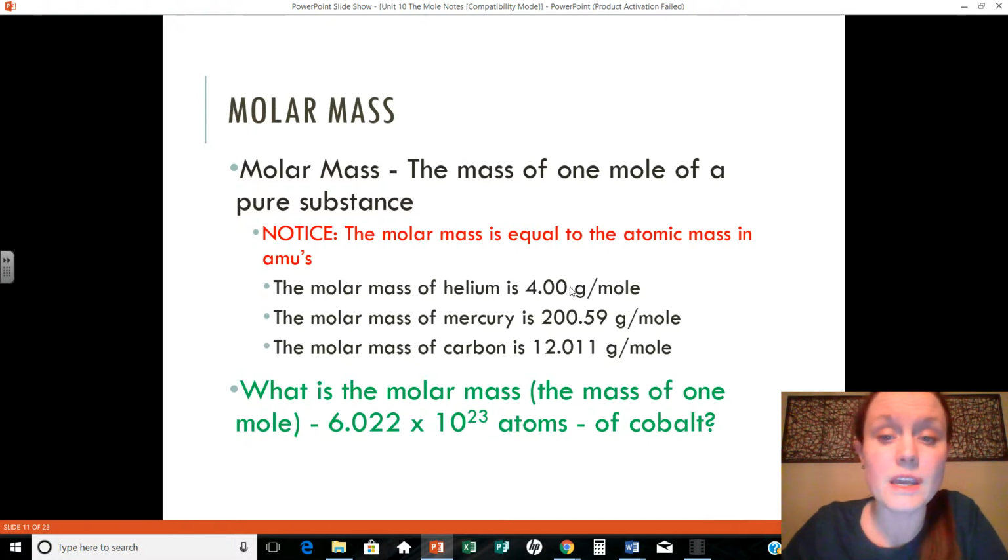As he began to look into other elements, a trend appeared where the atomic mass and the molar mass had the same number. You have to use a different unit because the atomic mass is the mass of 1 atom, whereas the molar mass is the mass of 1 mole of a substance.